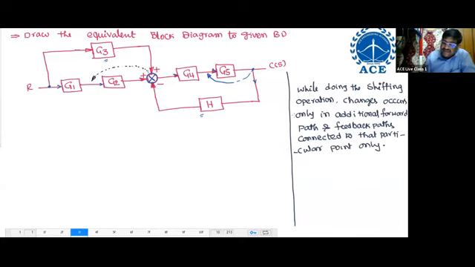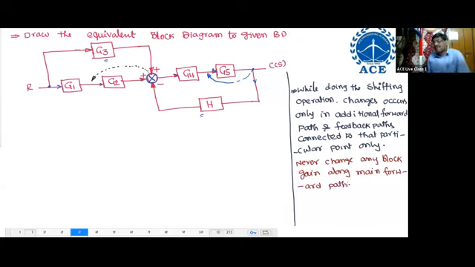Never change any block gain along the main forward path. Don't change any block gain along the main forward path.